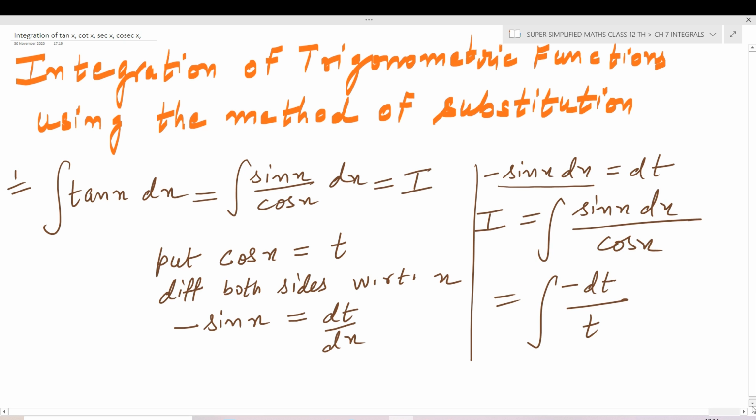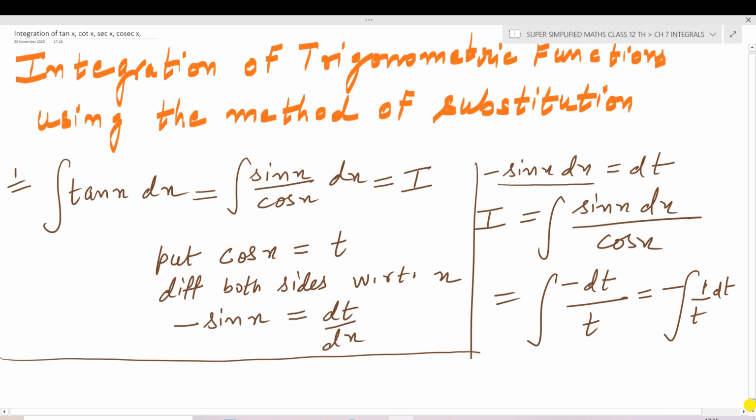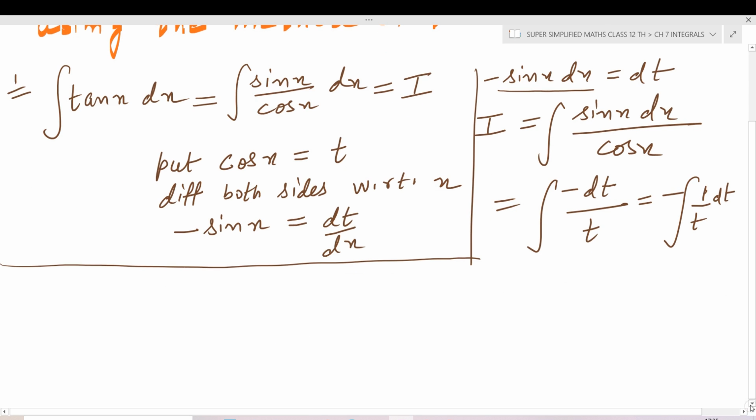I can take this negative sign outside the integral, and I have 1 upon t dt. Now I have to integrate 1 upon t. You very well know that 1 upon t is the derivative of log t, and therefore its integral is log mod t plus a constant of integration.